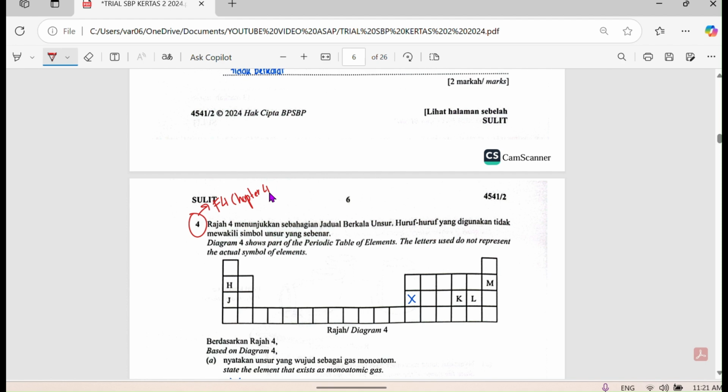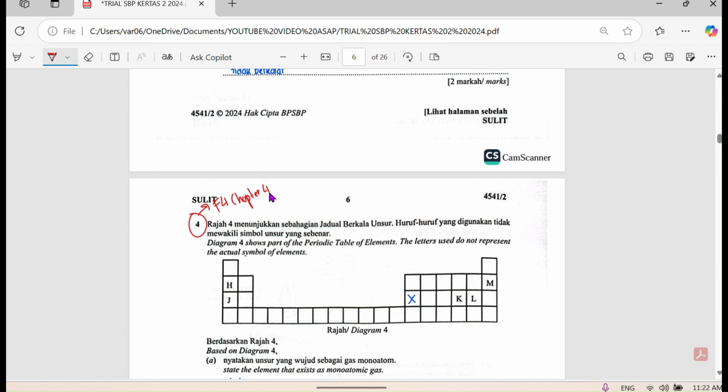When you get these type of questions, it is advisable for you to know what element it is. You definitely can know what element it is because you've been given periodic table. Why? Because it'll be easier for you. Even if you get stuck at one point, if you know what element that symbol represents, it'll be very much helpful for you, right?